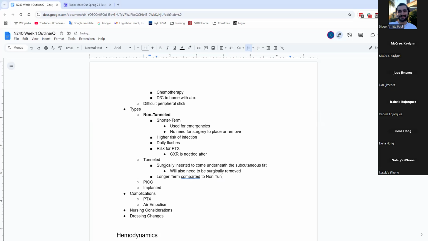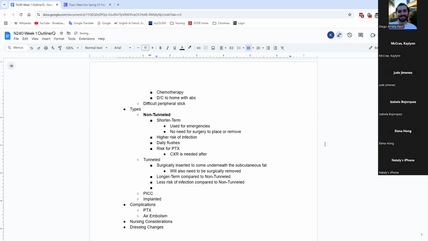It's a tunnel, with less risk of infection compared to non-tunneled. What else? This is for longer term use, with surgical removal. Anything else?